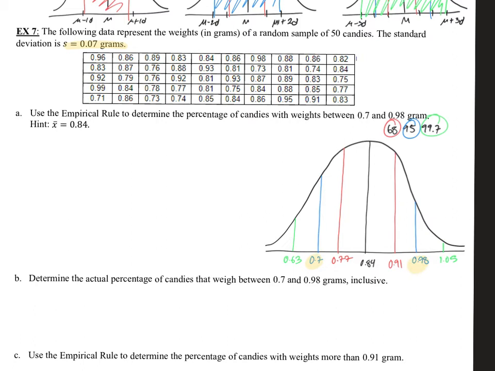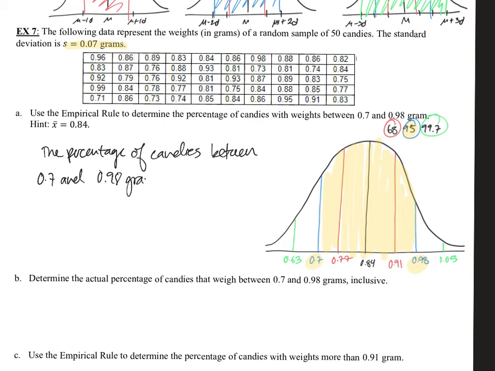And we know the percent within two standard deviations is 95. So that would be my answer. So the percentage of candies between 0.7 and 0.98 grams is 95%. Box the answer.